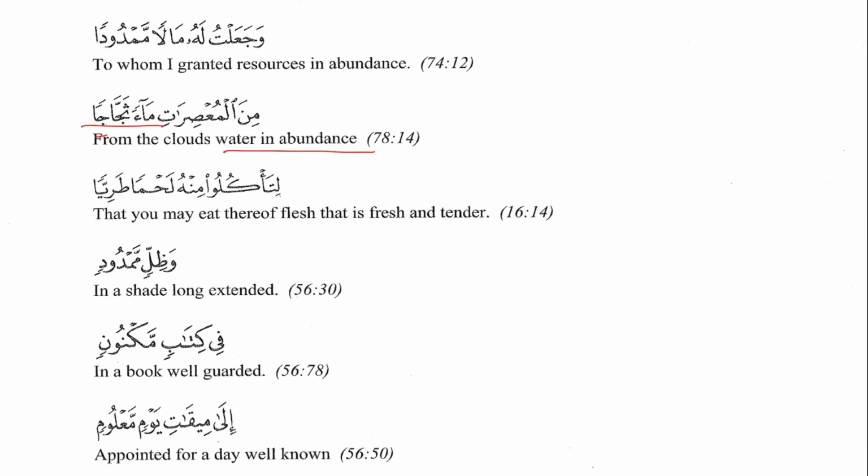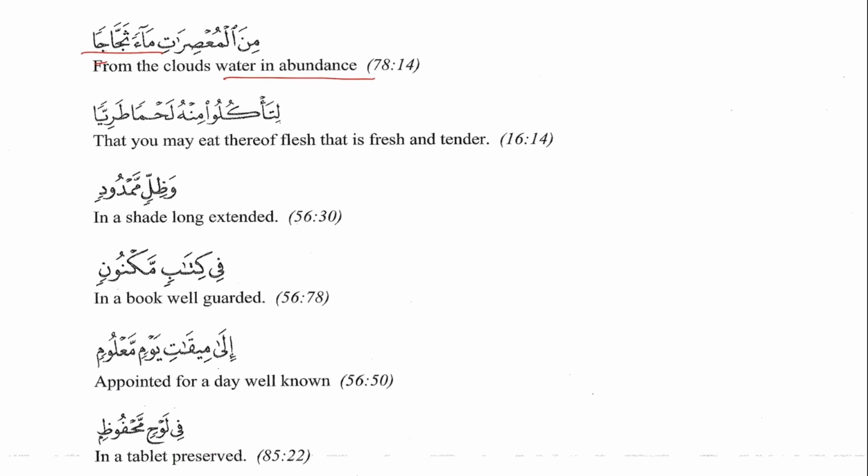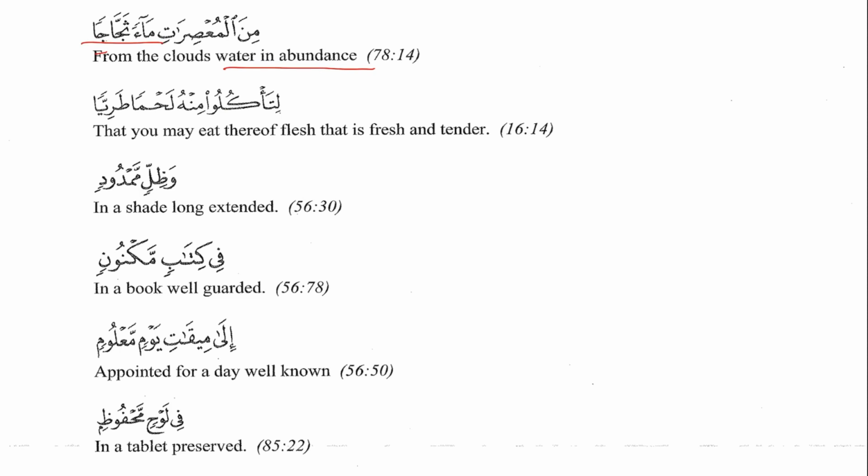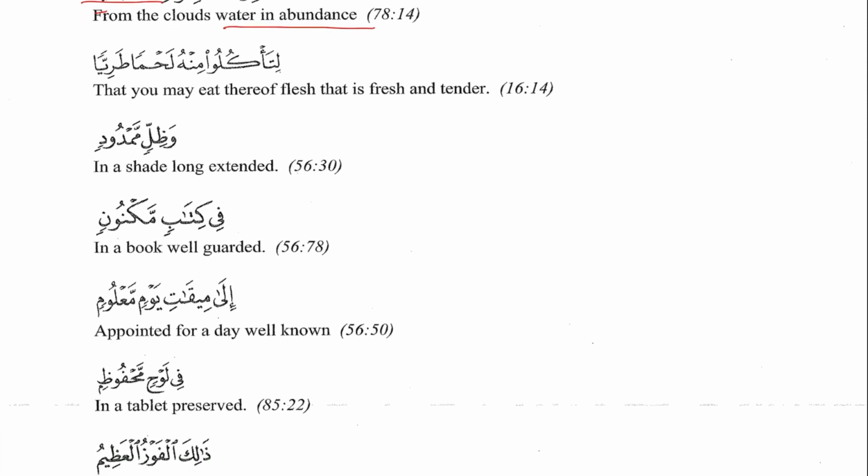Is there anything exceptional in these examples? They're pretty straightforward. Take this example, fi kitabim maknunin. This is the sifat mausuf combination. It's just straightforward.